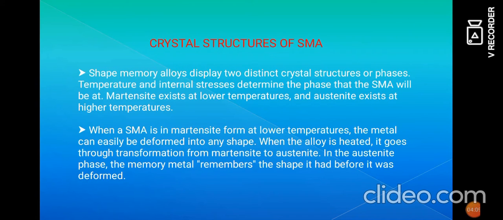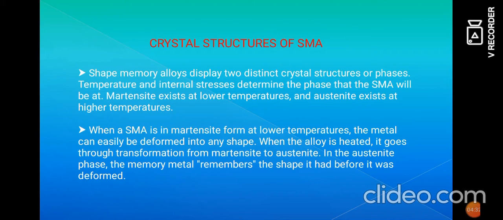Here we see the crystal structures of shape memory alloy. Shape memory alloys display two distinct crystal structures or phases. Temperature and internal stresses determine the phase that the shape memory alloy will be at. Martensite exists at lower temperatures and austenite exists at higher temperatures.